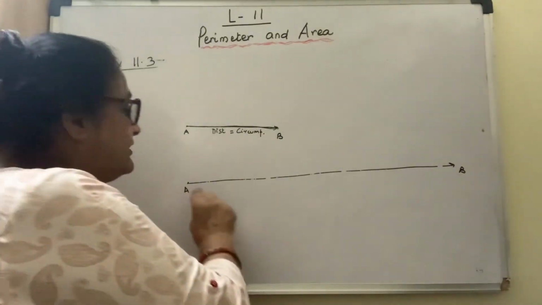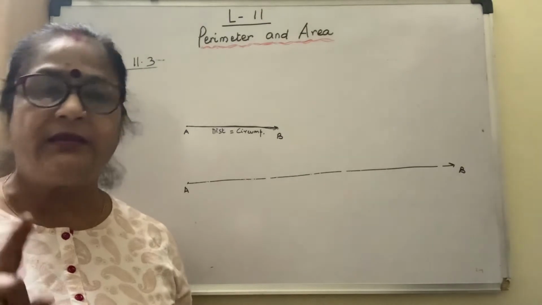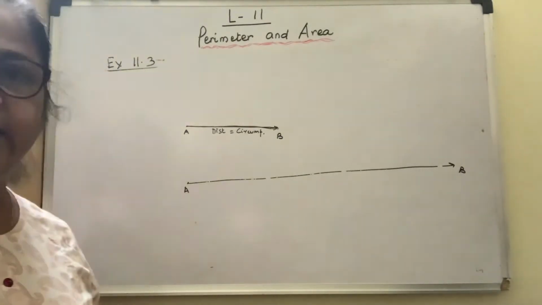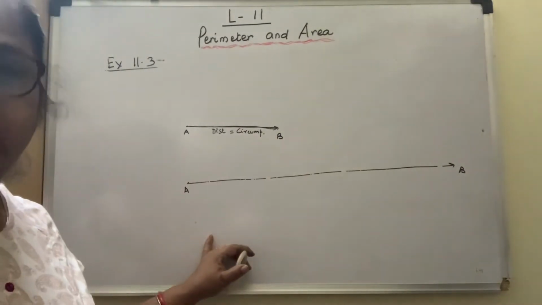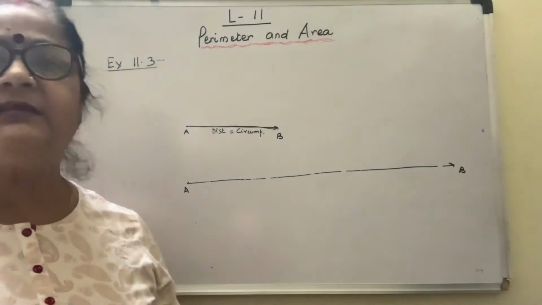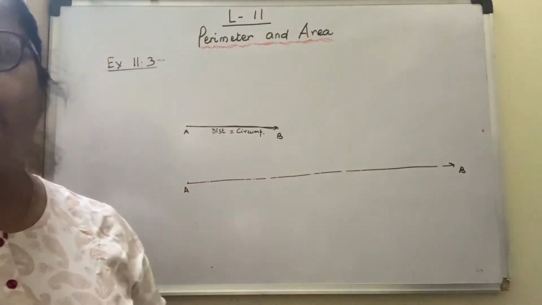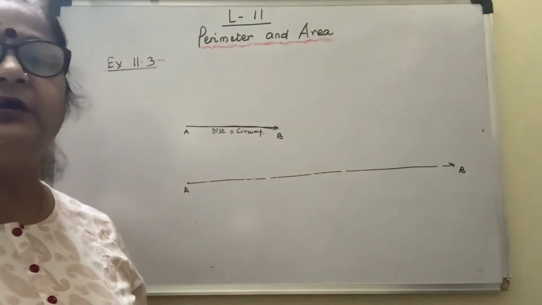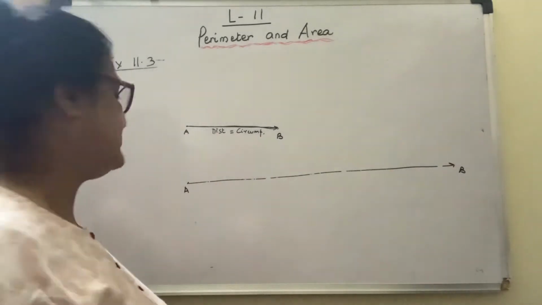Now one rotation means it is 1 circumference. So what we need to find is the circumference of the wheel and divide the distance by the circumference. So you will get how many rotations or revolutions the wheel did to complete that distance.